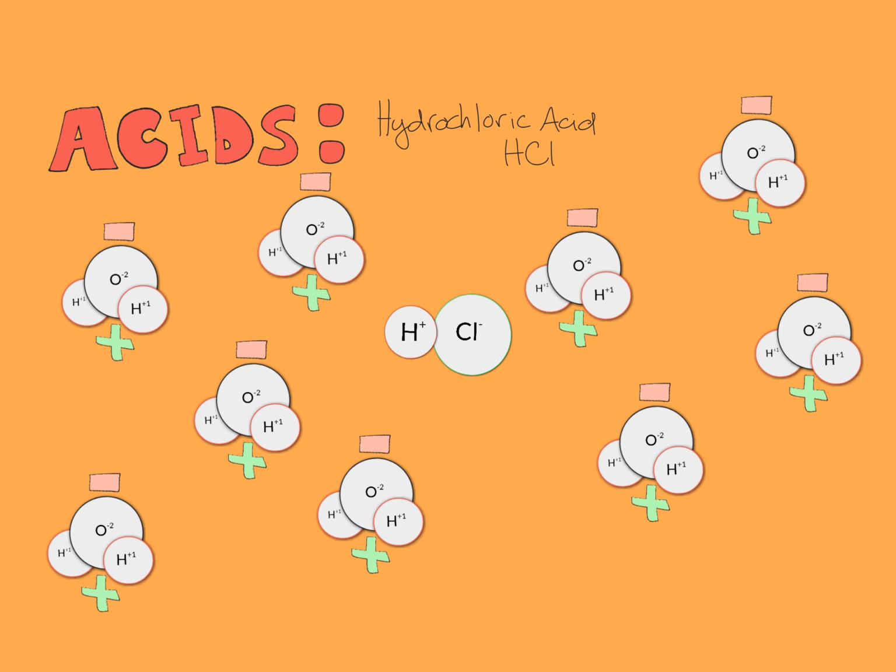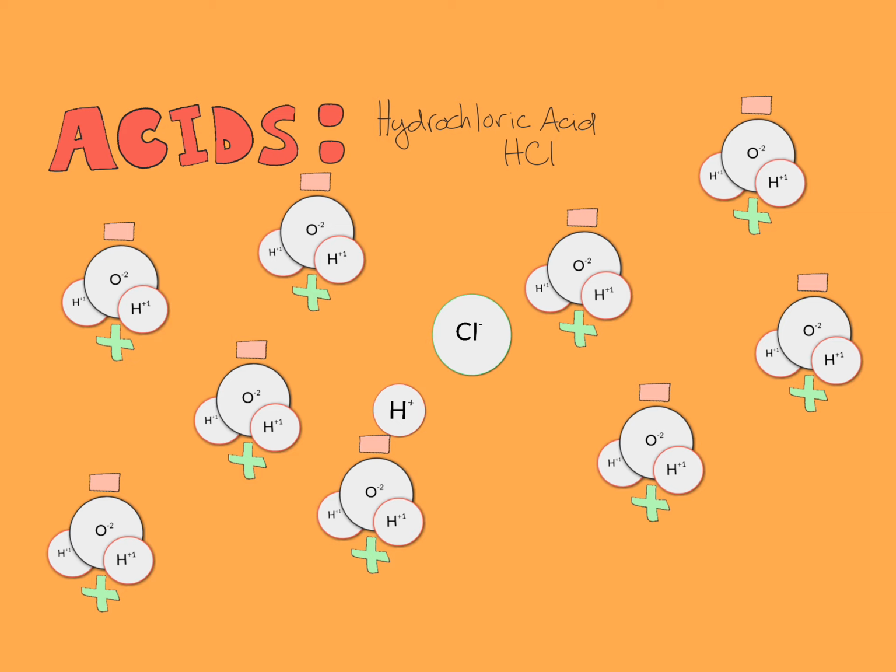So what's going to happen in the water is that your positively charged hydrogen ion is going to separate from chlorine and head towards the negatively charged end of a water molecule because positive and negative charges attract.